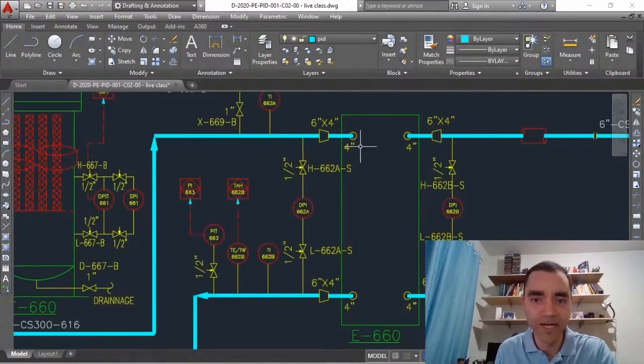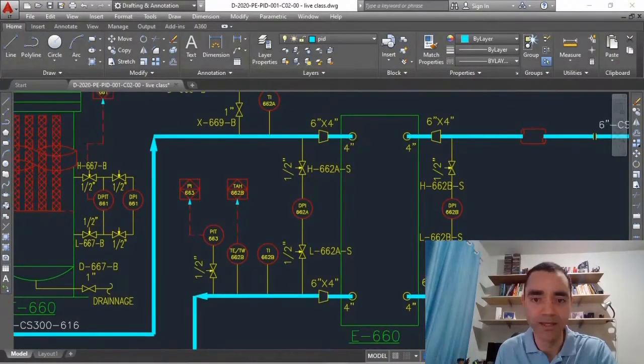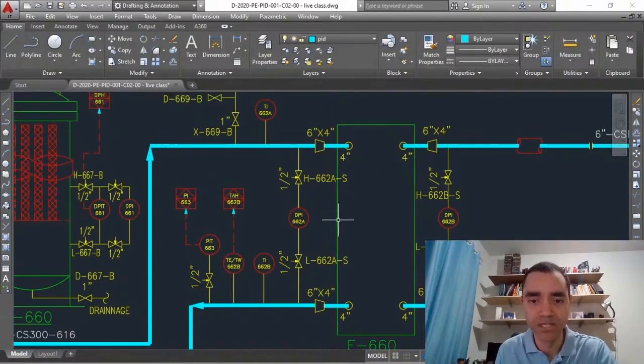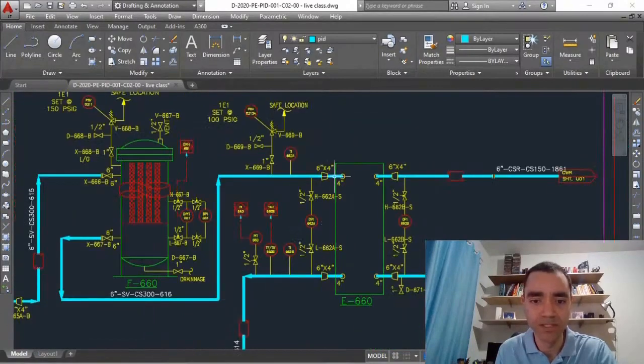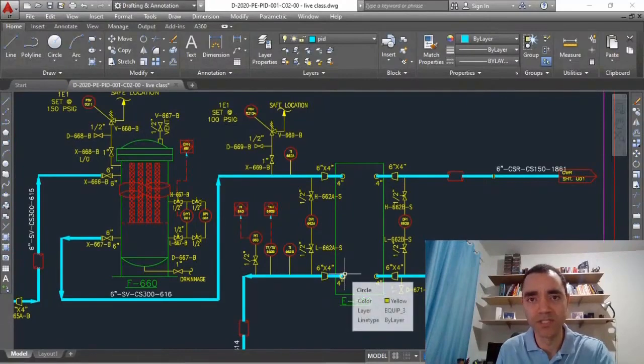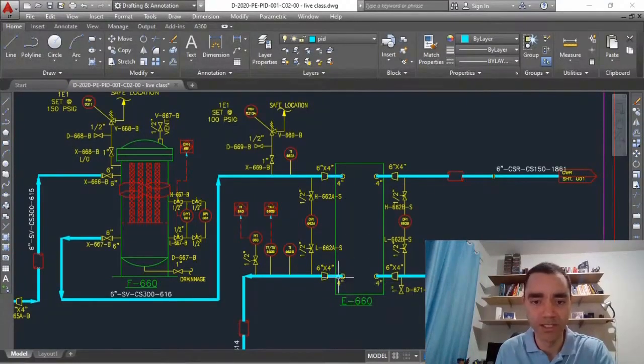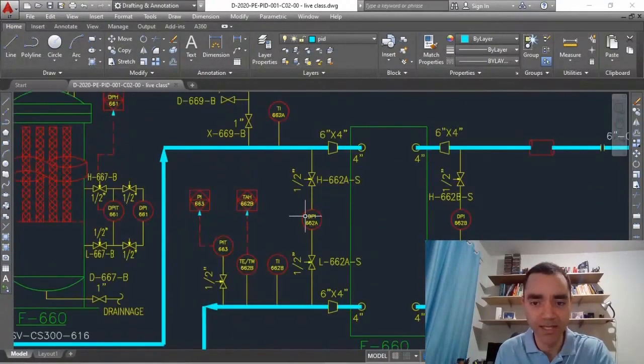And to verify if the heat exchanger is dirty, or if the performance of the heat exchanger is good, we have a DPI, that is a differential pressure indication.